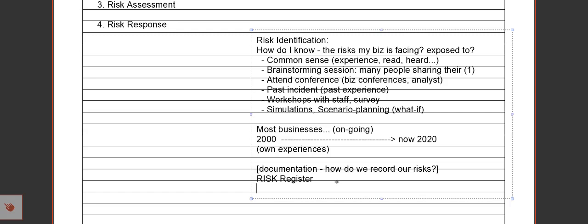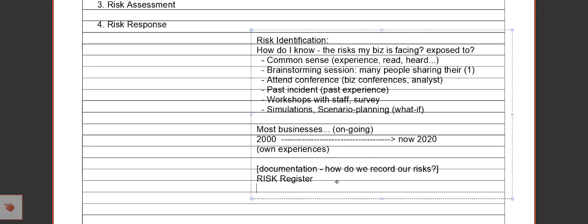If you go to the big ones, you can see that they have risk registers being prepared. The risk register is a document where they record all the risks of their businesses, and they will update as they go, because risks change every now and then.